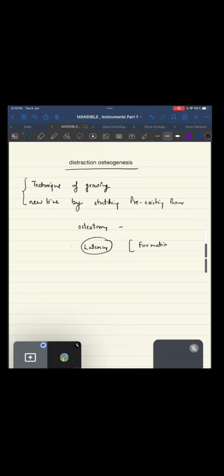There is formation of callus, all pertaining to ortho, nothing from ENT. Then there is the period of distraction. What they can ask you is, what is the growth rate? 1 mm per day. And then there is the phase of consolidation. So these are the 4 phases that come. They might ask you what is distraction osteoneogenesis.